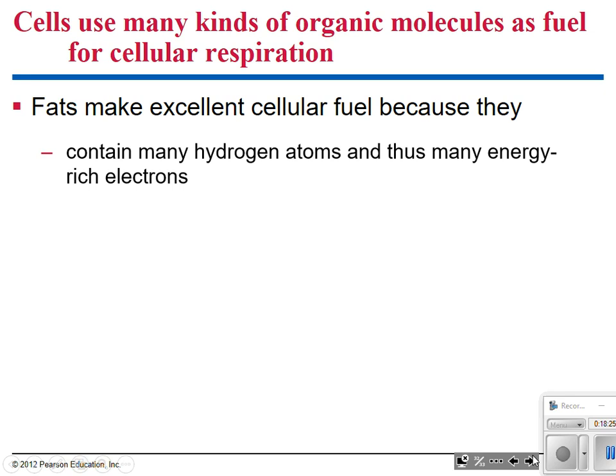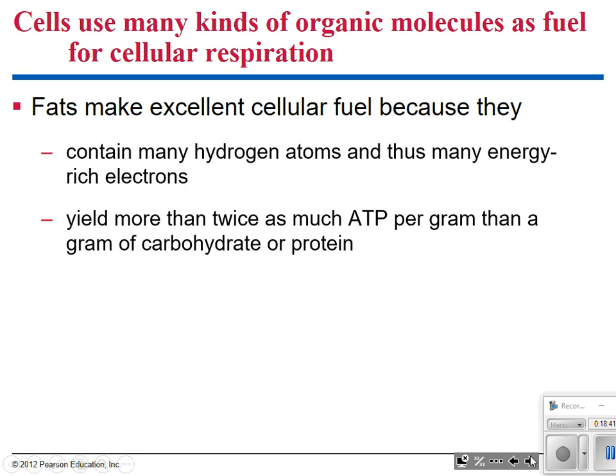I told you to even write ETC up by it, didn't I? Fats are good because they have a lot of electrons, because they have a lot of these hydrogens. They yield more than twice as much ATP per gram than a gram of a carbohydrate or a protein.